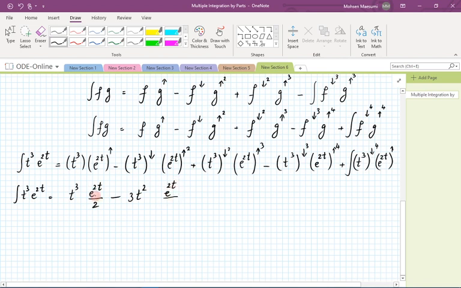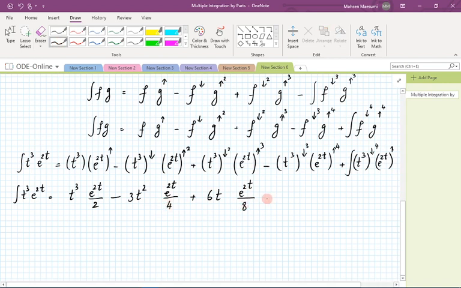So antiderivative of exponential of 2t is going to bring us another 2 in the denominator, so it's going to be 2 squared. Now take this thing and differentiate one more time, so it's going to become 6t. Take this one and integrate one more time, which is exponential of 2t over 8, or 2 cubed. Maybe I just go right, so that's easier to read maybe.